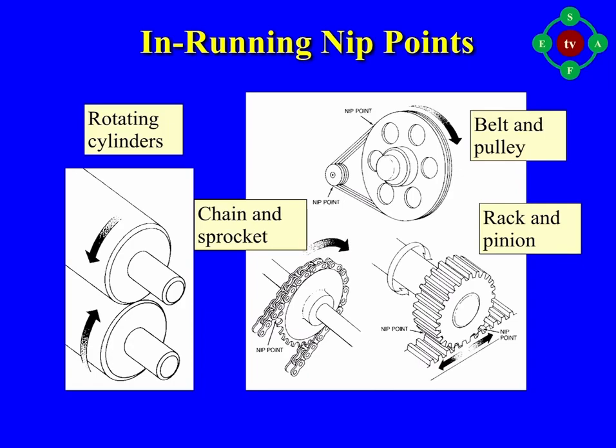Nip points can also occur between rotating and fixed parts, which create a shearing, crushing, or abrading action. For example, spoked hand wheels or flywheels, screw conveyors, or the periphery of an abrasive wheel and an incorrectly adjusted work rest.